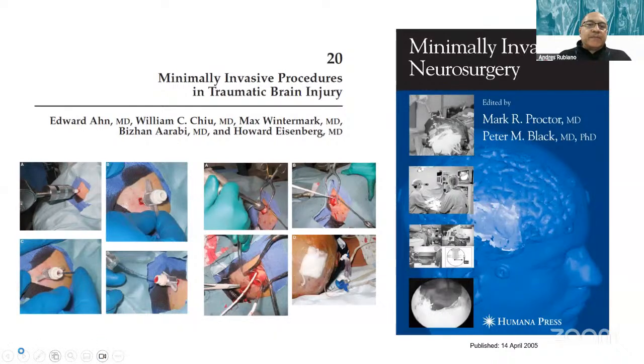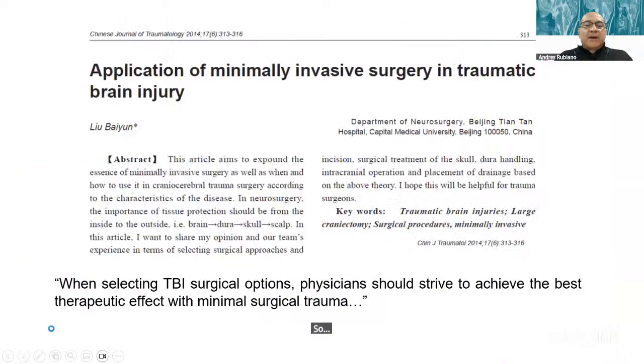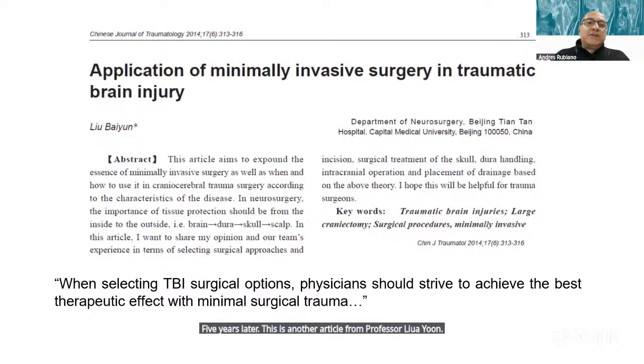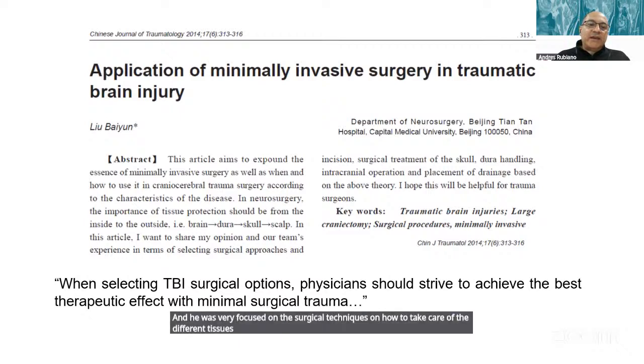So right after that, 5 years later, this is another article from Professor Liu Baiyun from China, speaking directly about the application of minimal invasive surgery in TBI also. He was very focused on the surgical techniques and how to take care of the different tissues in the head.